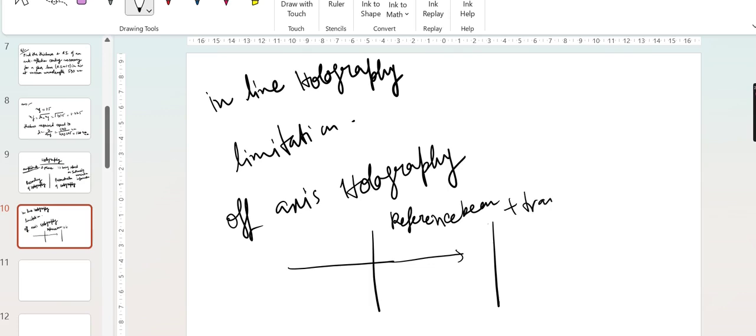Reference beam plus scattered beam falls here.